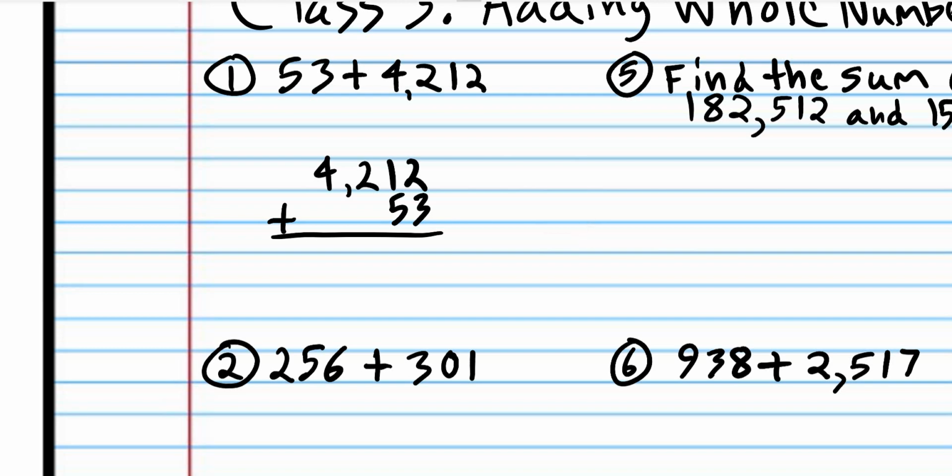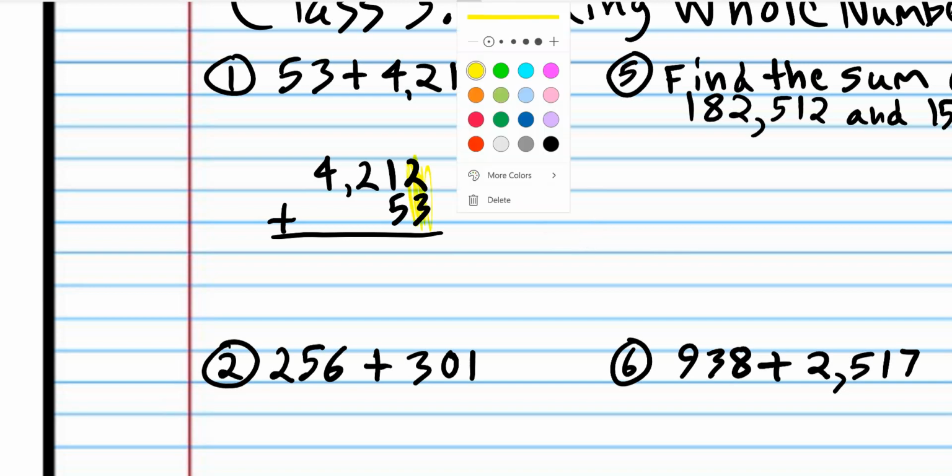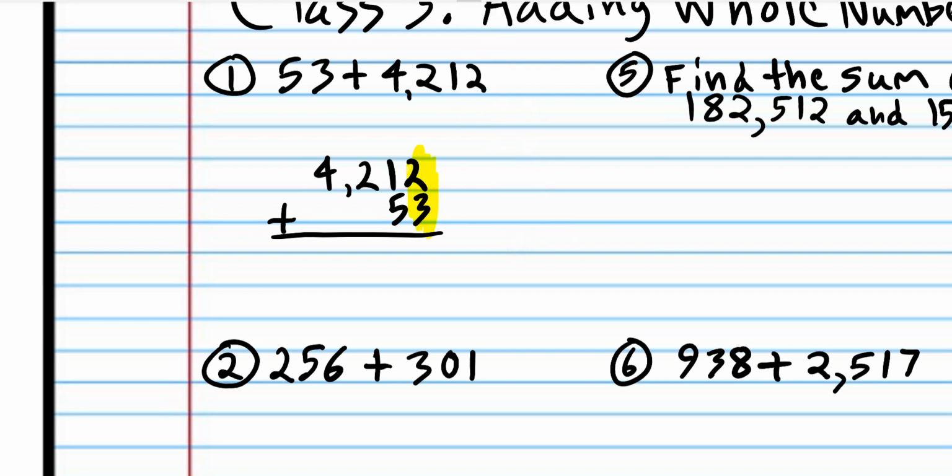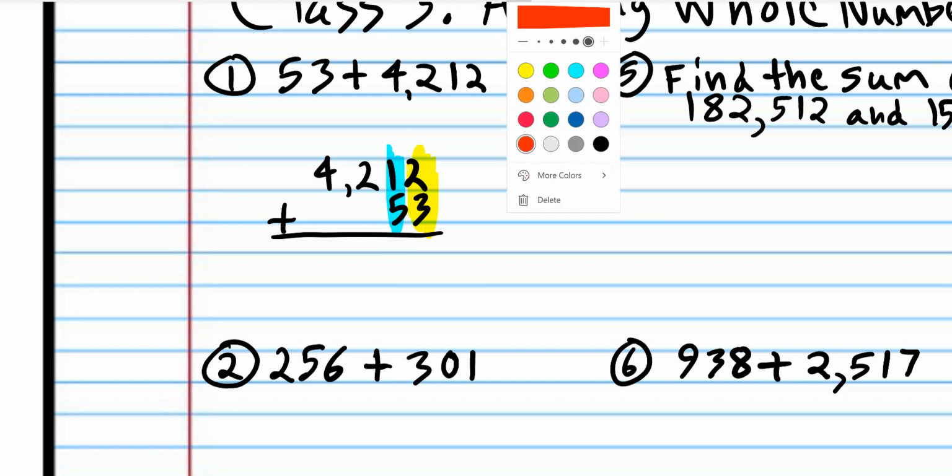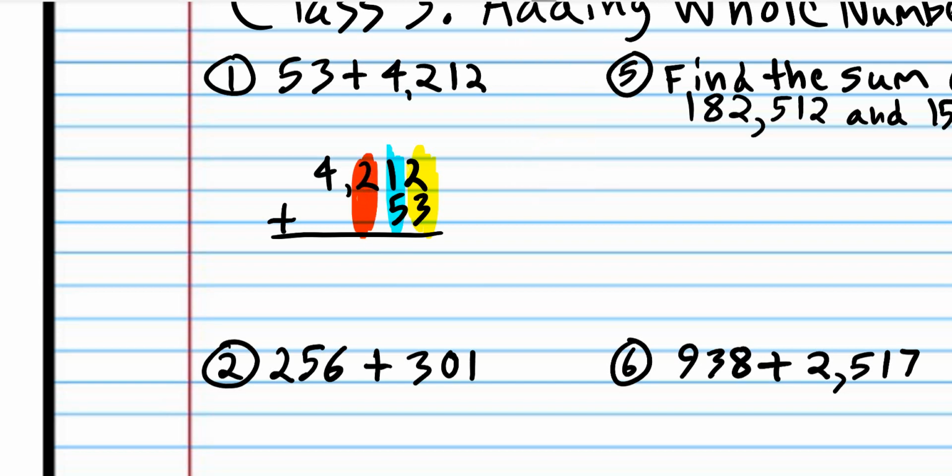So notice that the 2 and 3 are lined up, because the 2 is in the ones place of 4,212, and the 3 is in the ones place of 53. And the tens place numbers are lined up. And of course, you'd have the hundreds place and so on and so forth, thousands place.